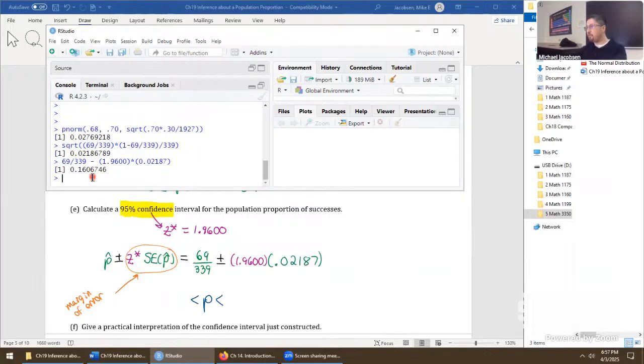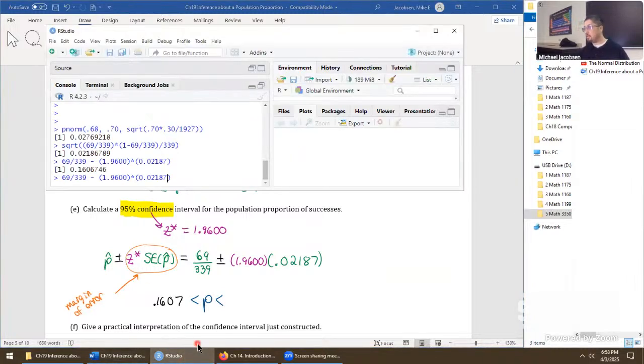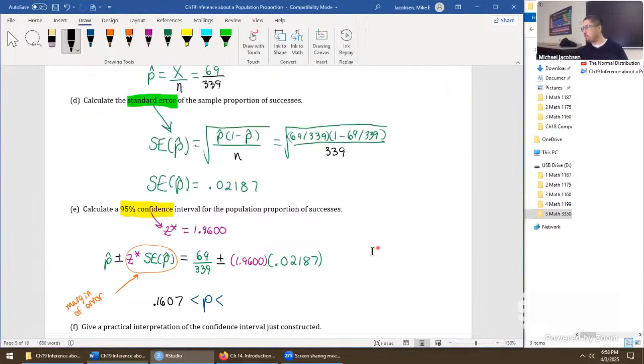This is as a proportion, but keep in mind, it's also a percentage with the unit change. So let's round this one to maybe 4 decimal places, which would be generically good advice: 0.1607. And then on the upper bound, we'll switch this to a plus, and we're as high as 0.2464.